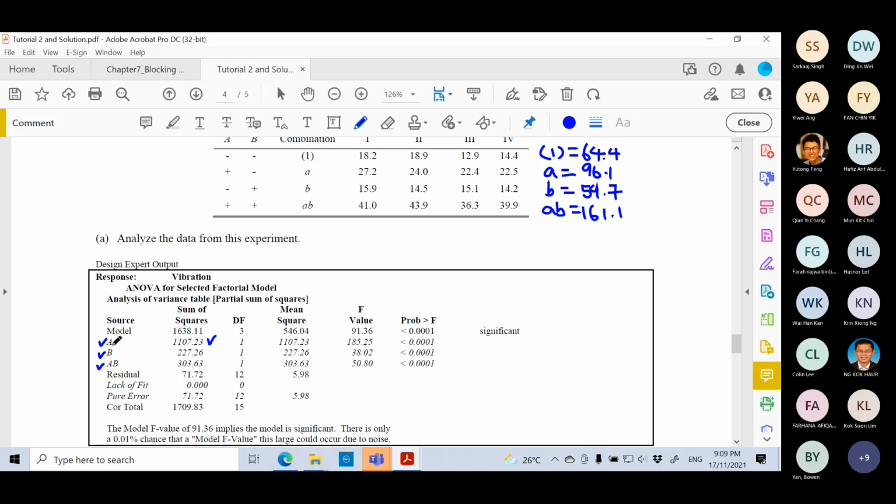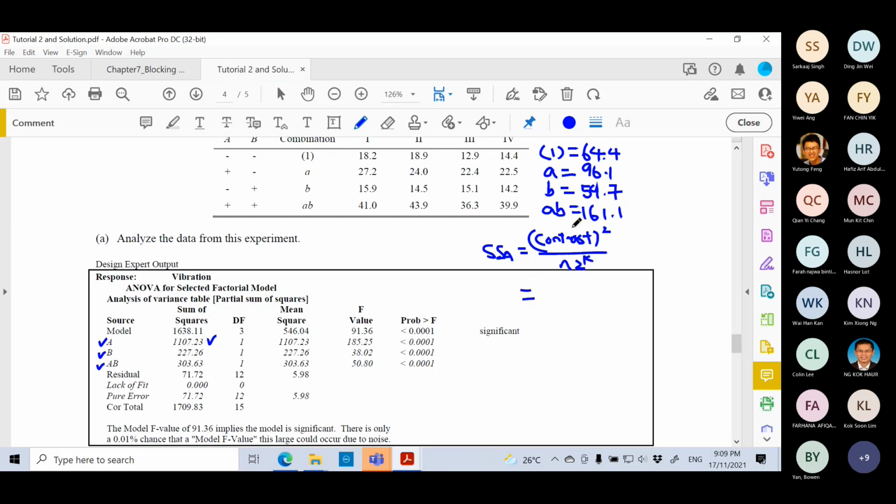To get your A here, the sum of squares for A will equal the contrast squared divided by n times 2 power k.